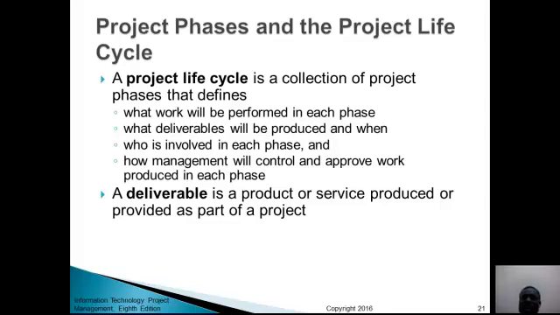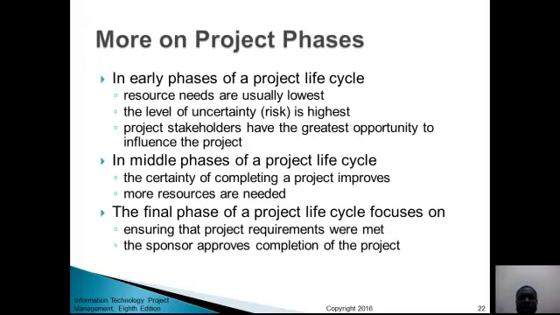The deliverable is the product or service produced or provided as part of a project. If you implement a project, what is the outcome? What is the organization going to get from it? That is what we call the project deliverable. So all these listed here are from the project phases. Some of them you've done already in the software development life cycle.